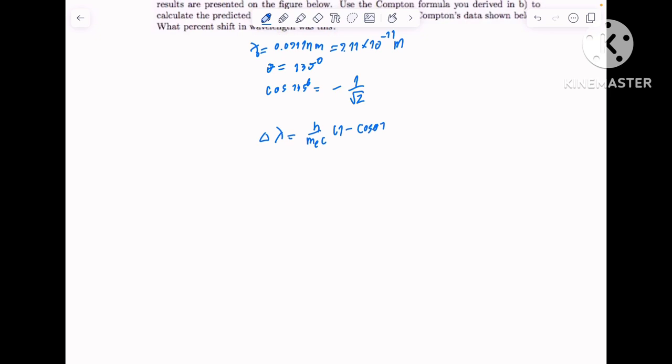Substituting the known values, we get that delta lambda is 2.43 times 10 to the power of minus 12 times 1 plus 1 over root 2, so 2.43 times 10 to the power of minus 12 times 1.707.